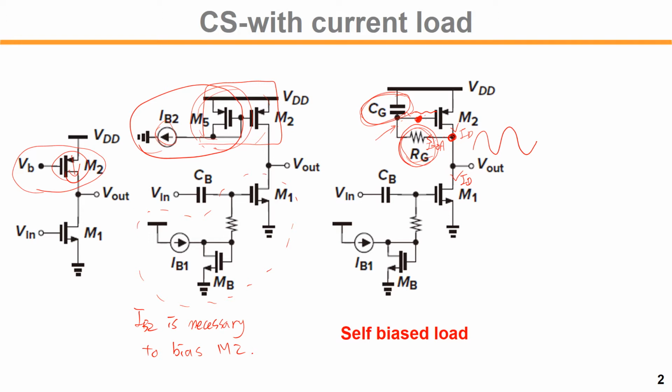Okay. So your signal frequency must be what? The signal frequency must be higher than the low pass filtering cutoff frequency, 1 over RG CG, right? So that the signal doesn't pass this RG.